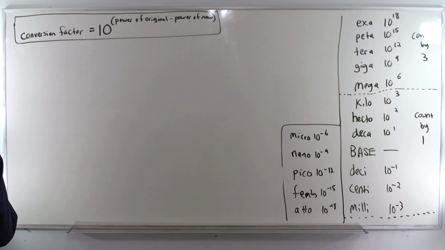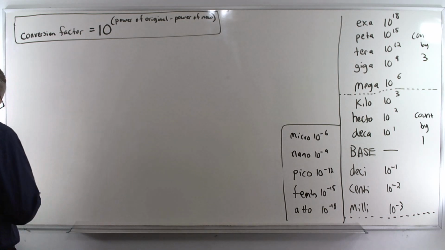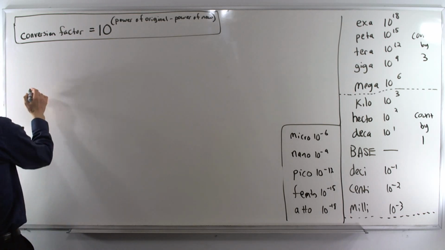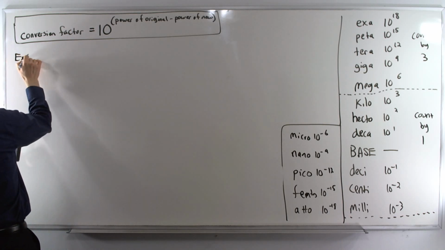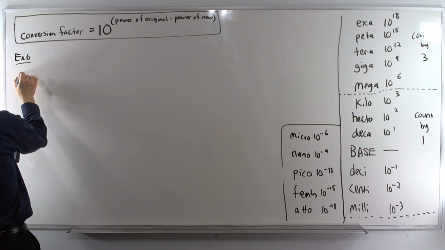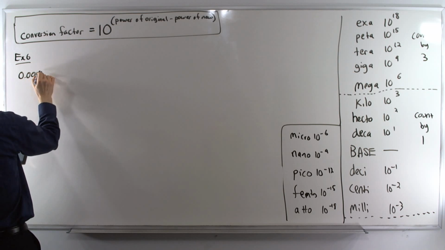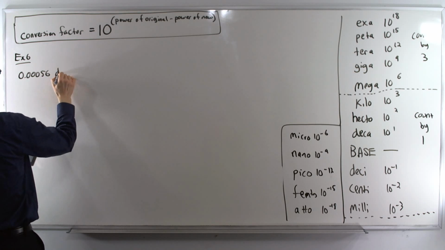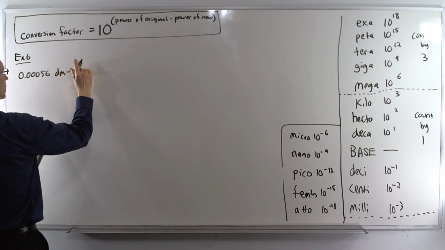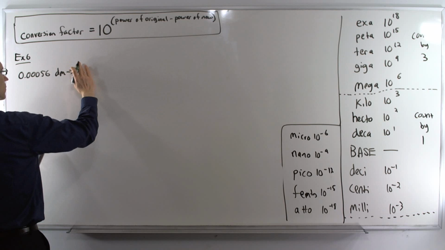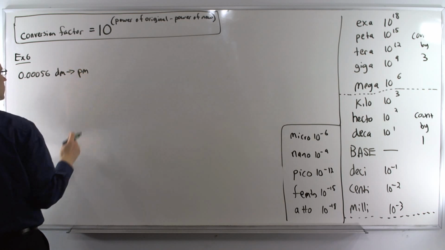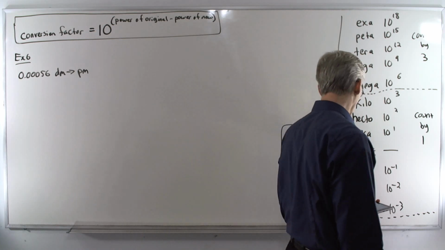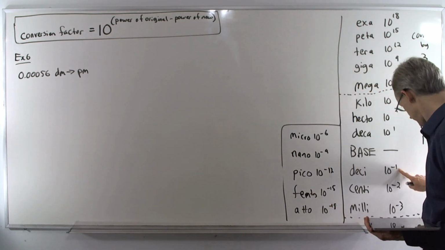Example 6: decimeters to picometers. So we're starting here at deci.